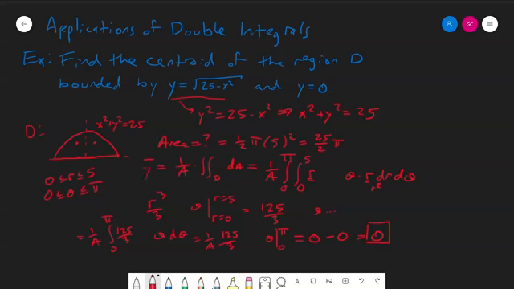So y bar should be the integral of y dA, and y is r times sine of theta. Okay, so the integral of y, I still get r times sine theta times r. So this r squared all works the same way. That becomes r cubed over 3 times sine of theta.